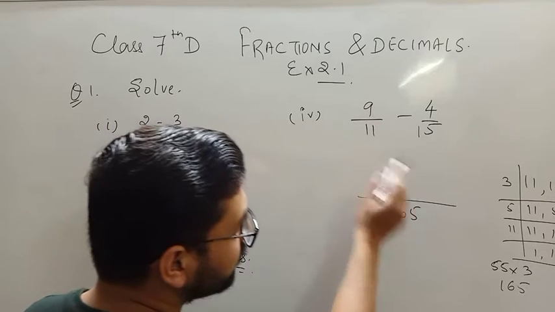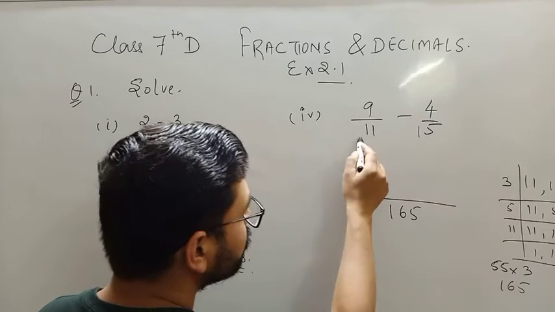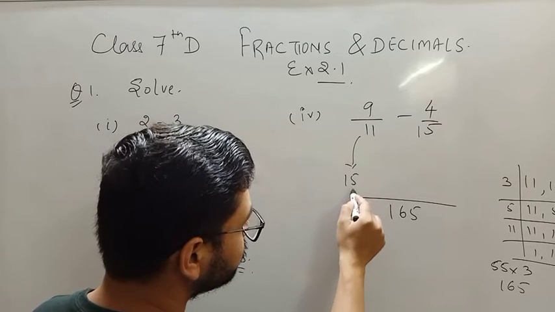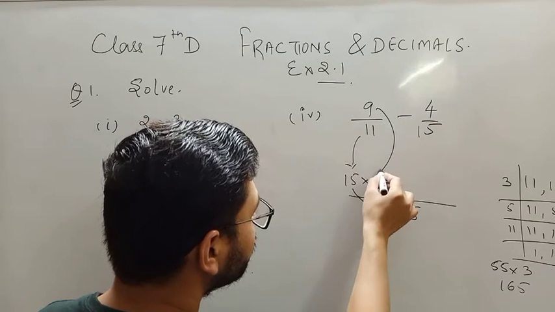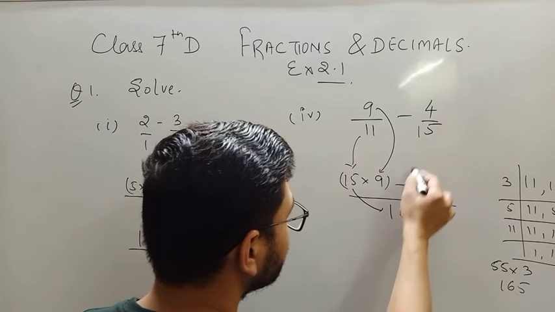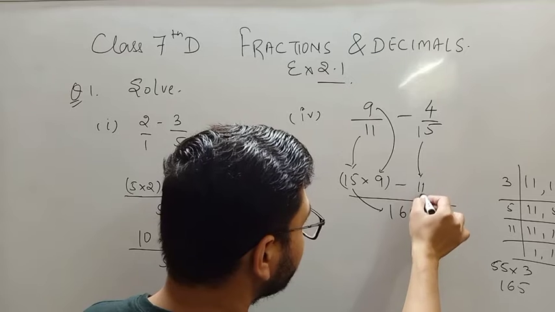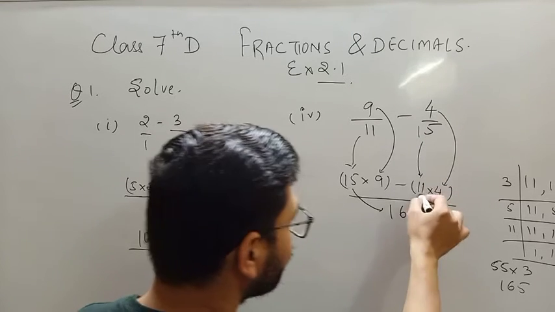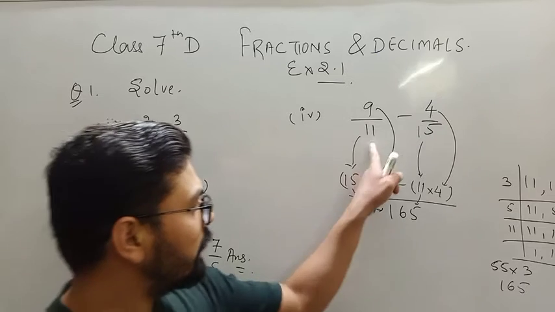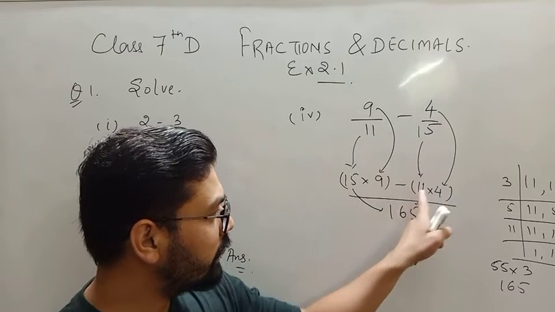Now 11 into 15. So 11 15s are 165, into the numerator 9, minus 15 11s are 165, into the numerator 4. Any doubt? 11 15s are 165, 15 11s are 165.